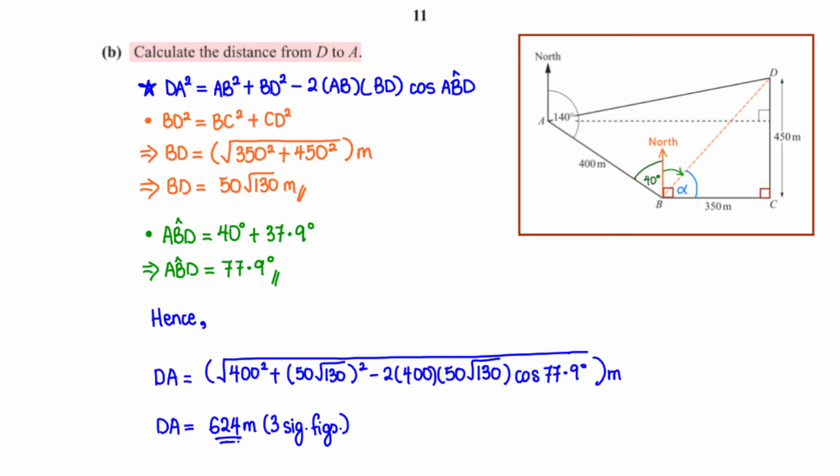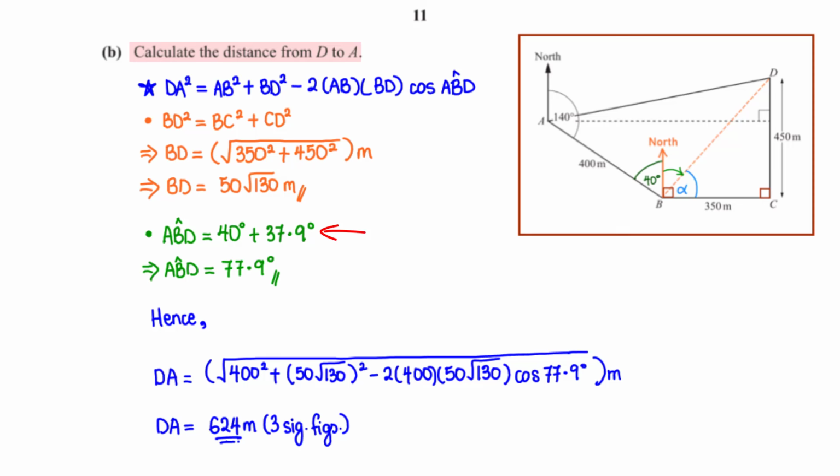By applying the Pythagoras theorem to triangle BCD, this is what we get. BC is 350 meters and CD is 450 meters. And so when we make BD the subject and substitute these values into the equation, we get 50 root 130 meters.